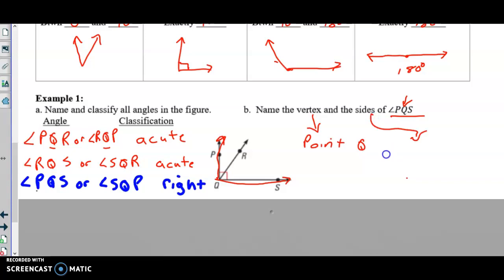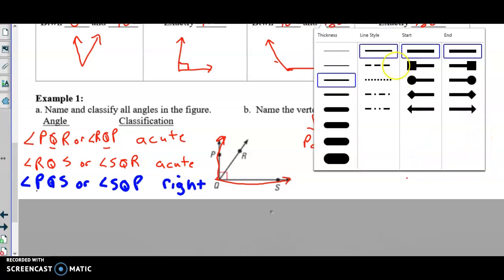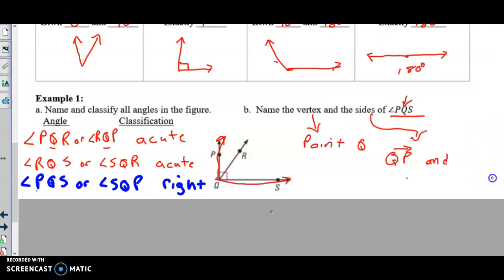And remember, when we name rays, you always start with the endpoint. So ray QP is one side, the other side is ray QS. And those are the two rays of the angle.